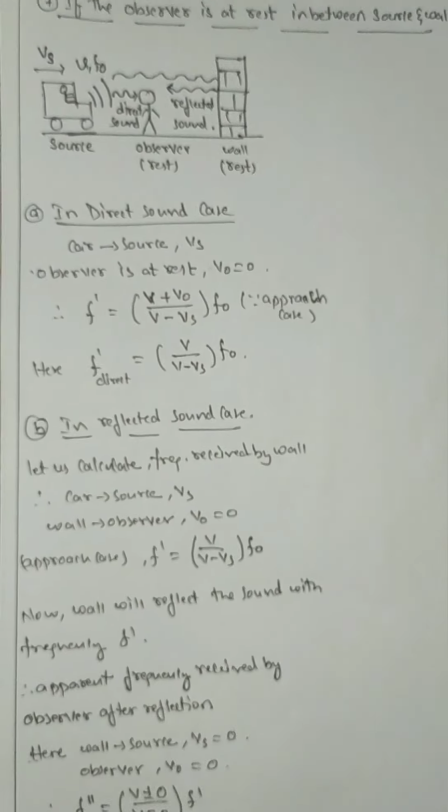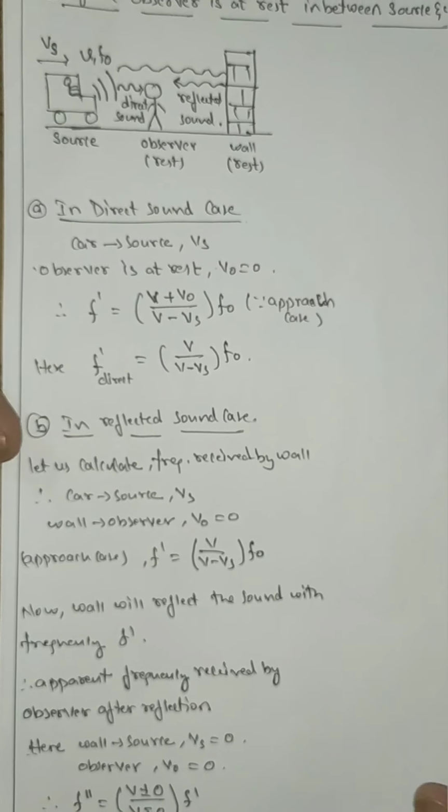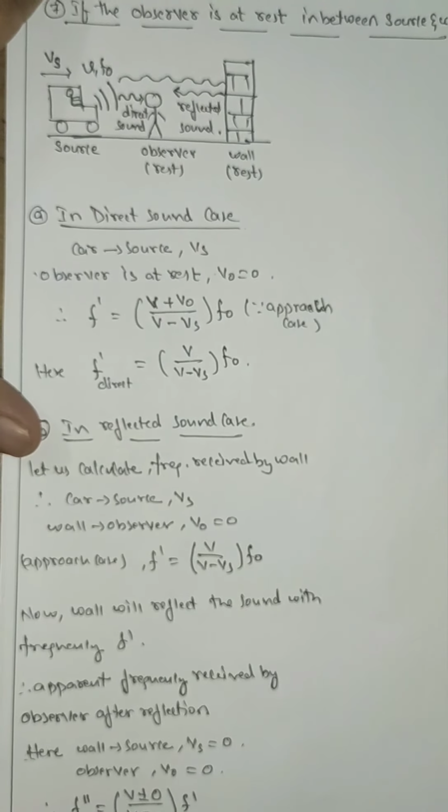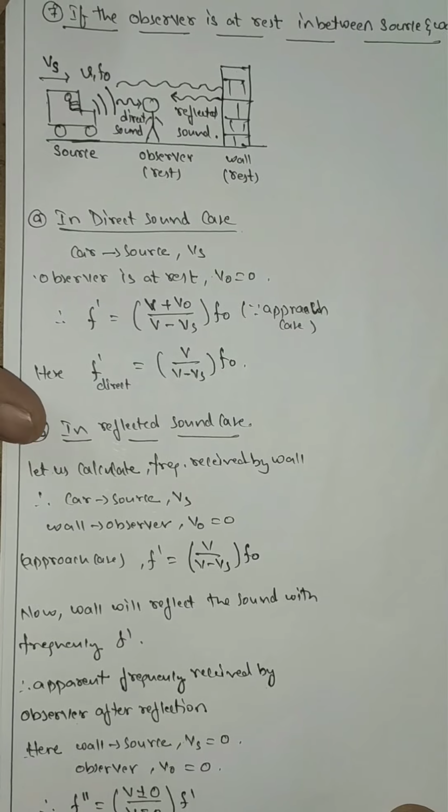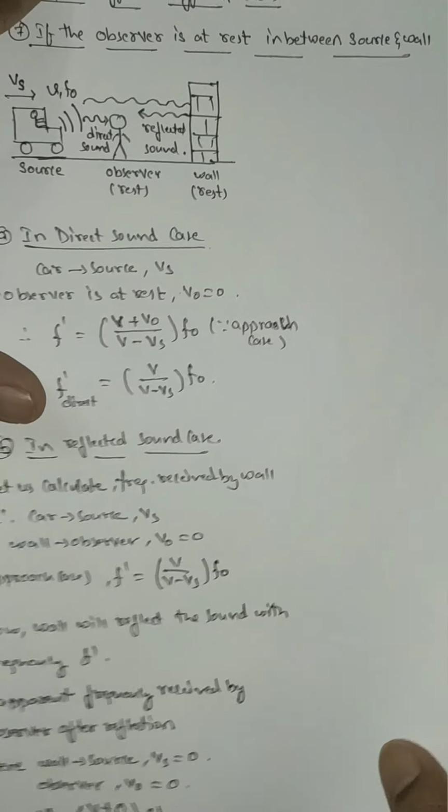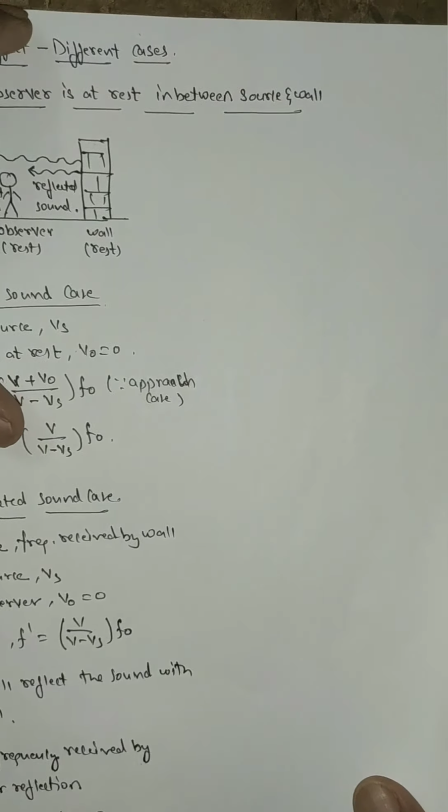The number of beats heard by the observer will be 0, right?